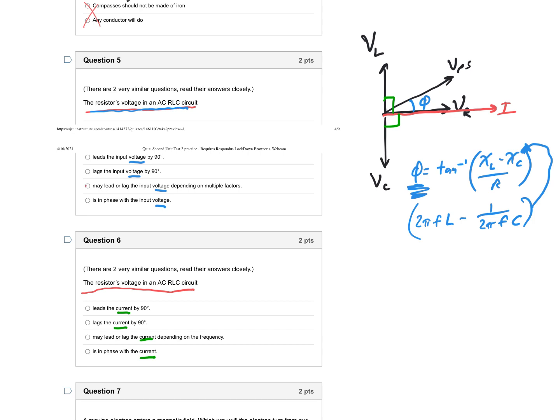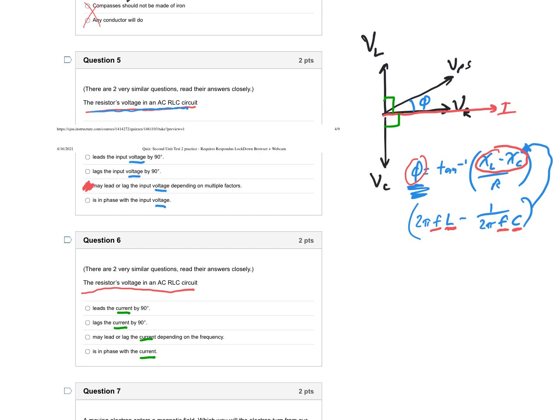Yes. Those multiple factors are the frequency in the circuit, the inductance, and the capacitance. That's what will determine whether this is going to be positive or negative in the numerator, and exactly what our angle phi will be. There we go.